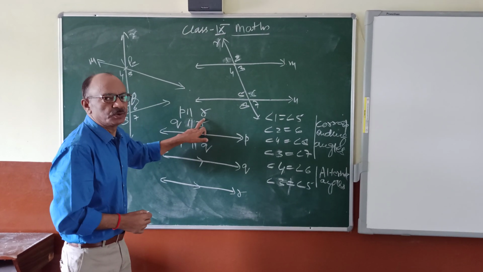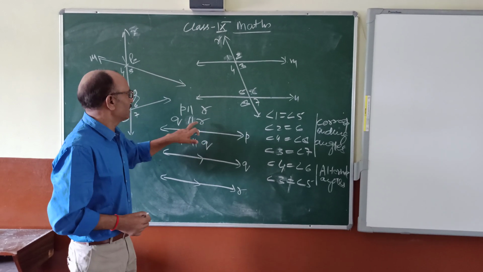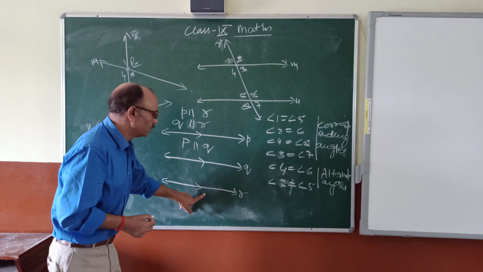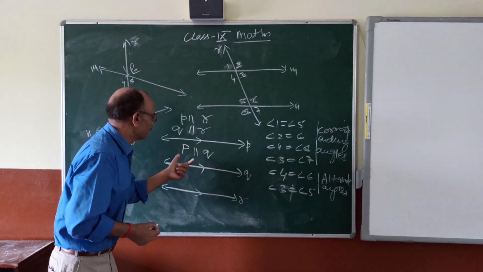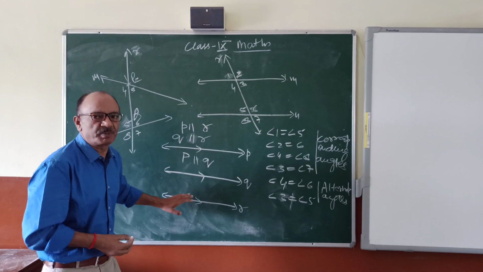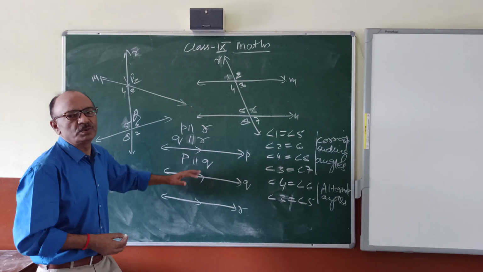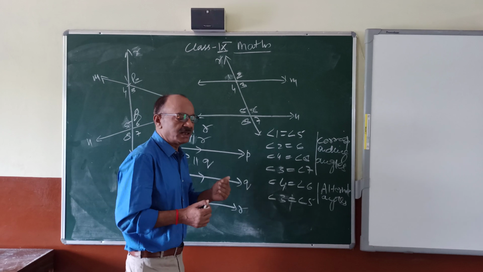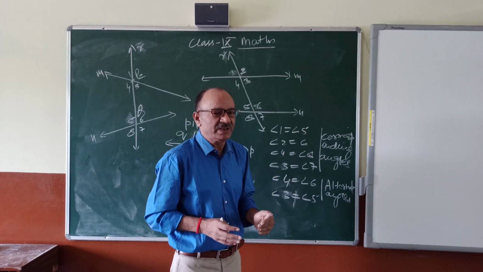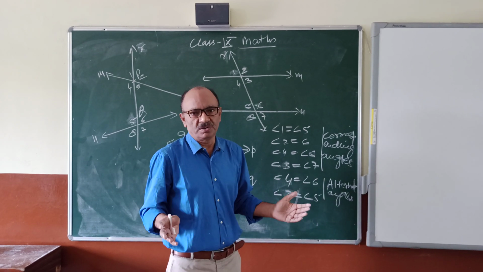Because P is parallel to R, Q is parallel to R, so they both are parallel to each other. This is another property: when two lines are parallel to a third line, then all three lines will be parallel to each other.